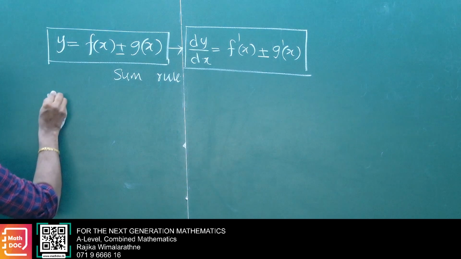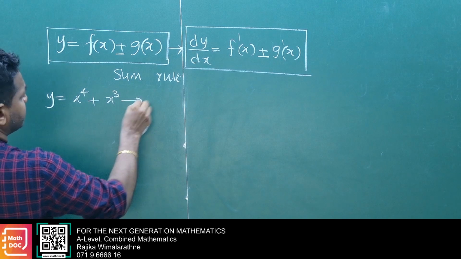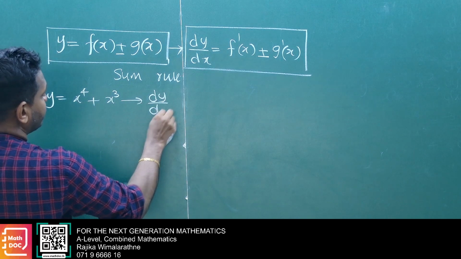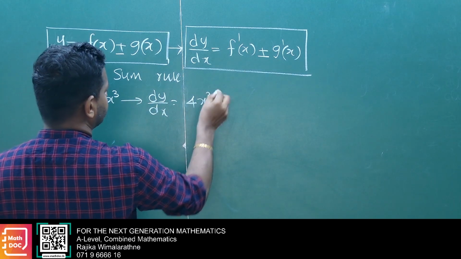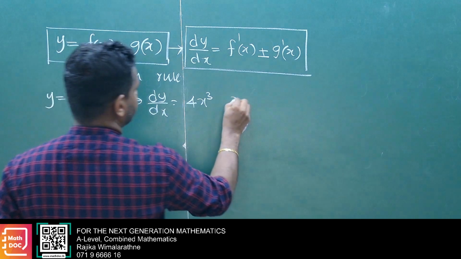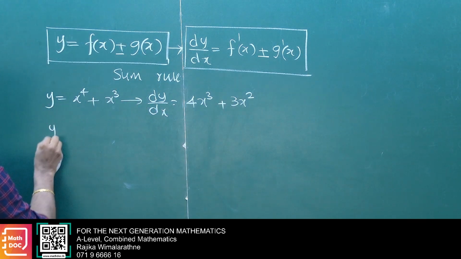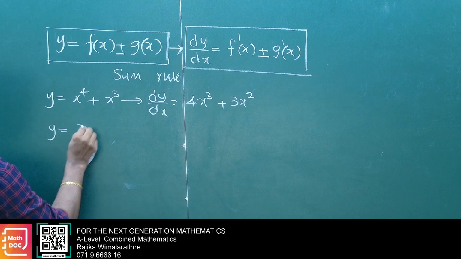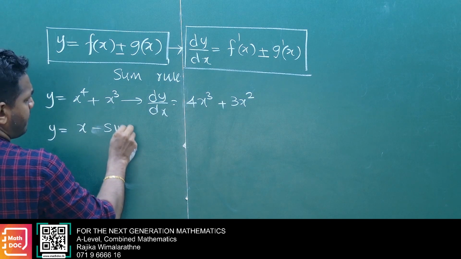See, y equal x to the power 4 plus x to the power 3. Say derivative now. x to the power 4 derivative 4x cube. x cube derivative 3x square, plus sign separated. y equal x minus sin x.